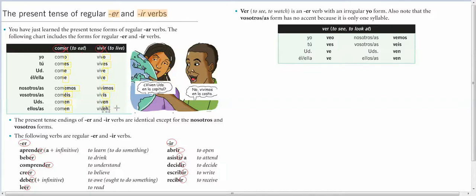And you'll notice the only place that ERs and IRs differ is right here, with nosotros and vosotros. That's the only place that they differ.